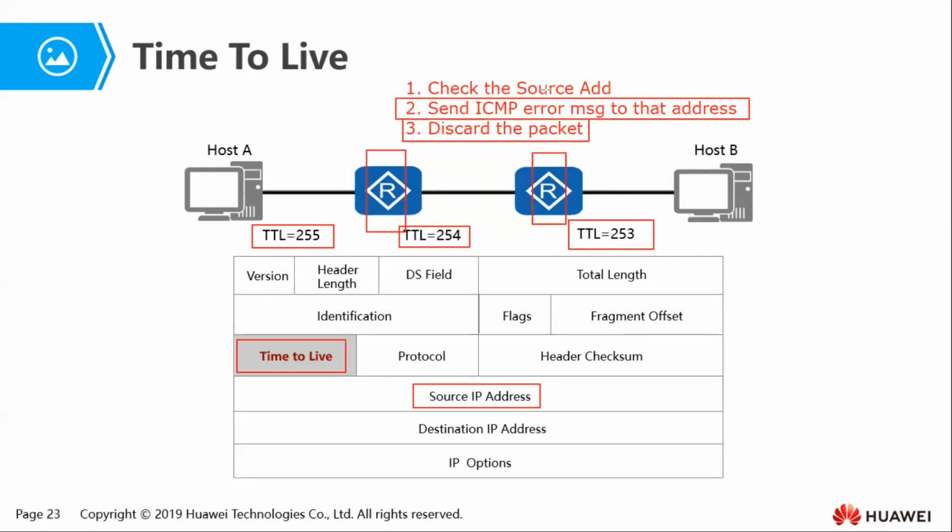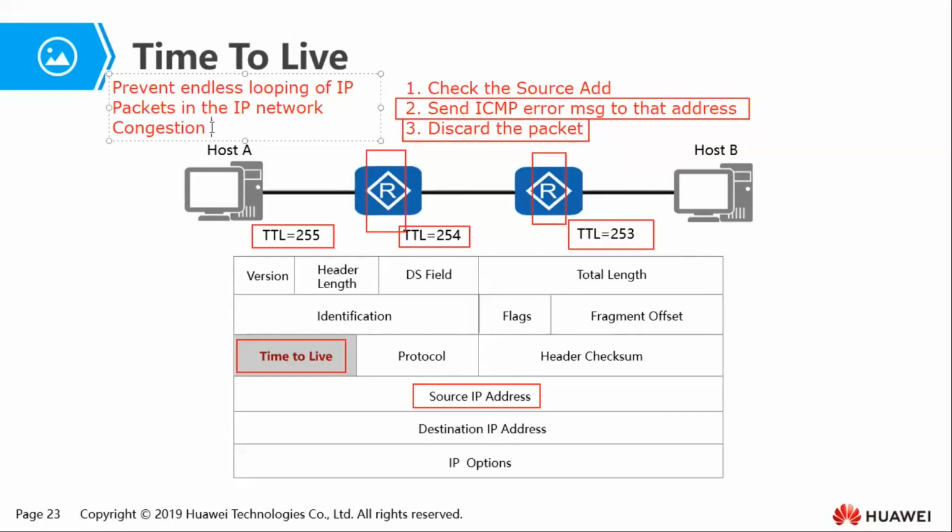So the purpose of the TTL is to prevent endless looping of IP packets in the IP network. A packet cannot just wander in the network forever, because if this would happen, it will cause congestion.